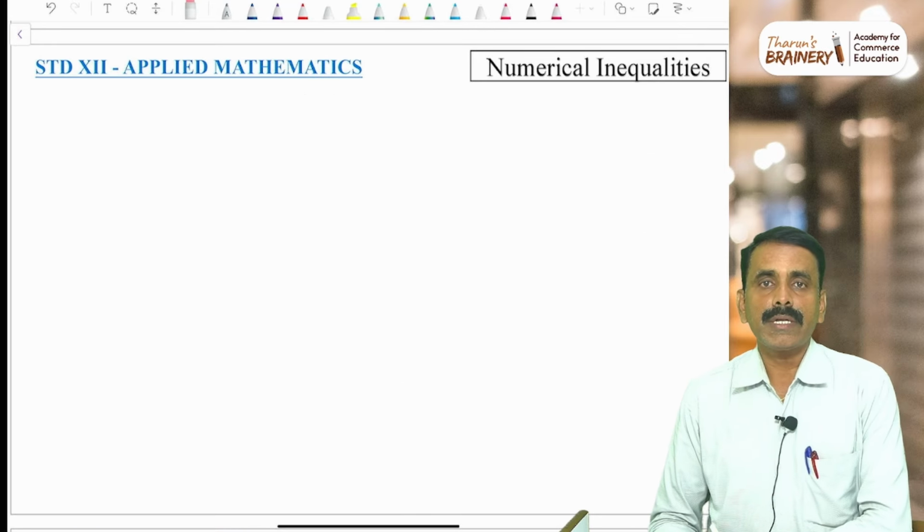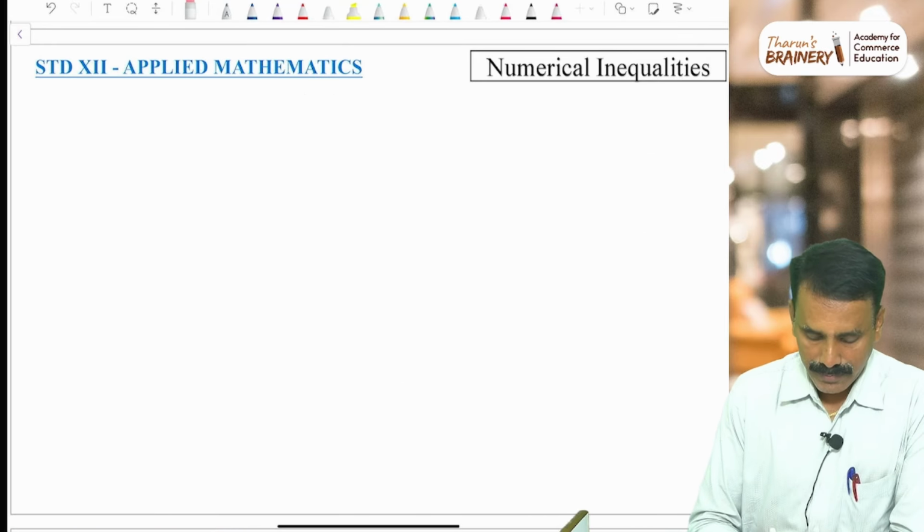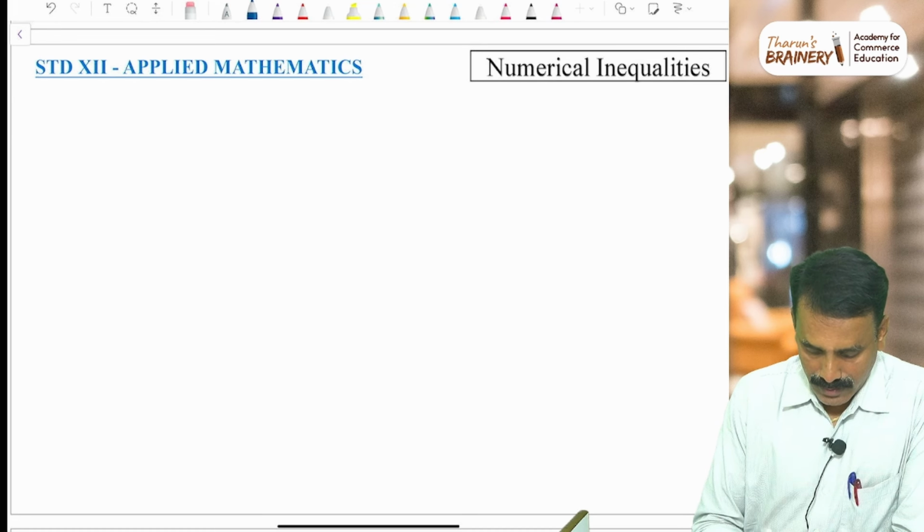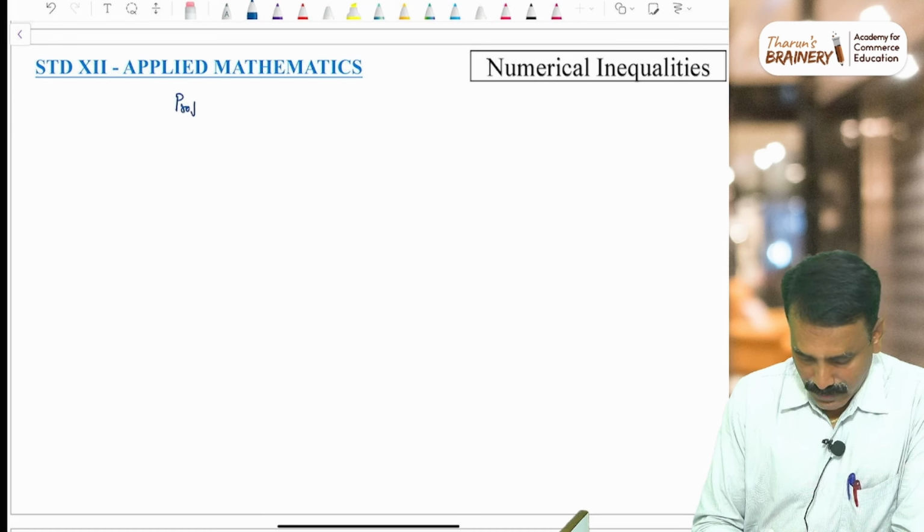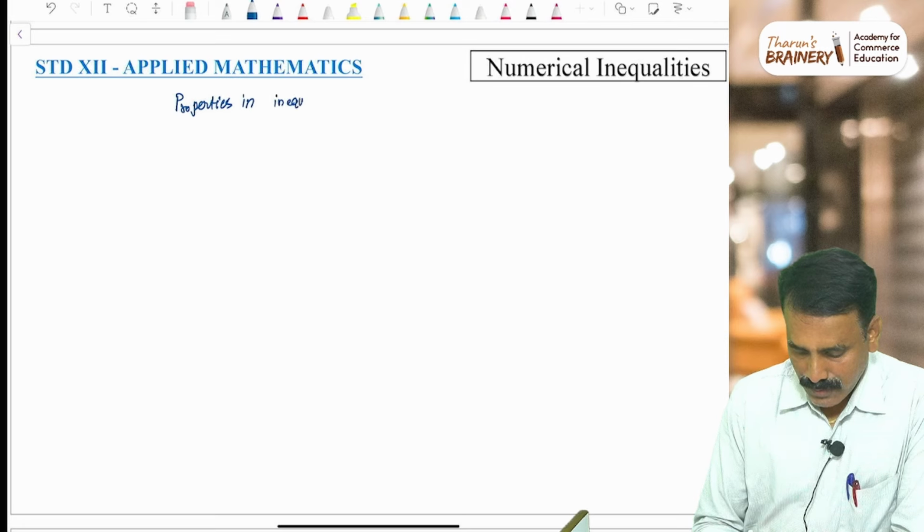Now, we are going to see certain properties in inequalities. Okay.